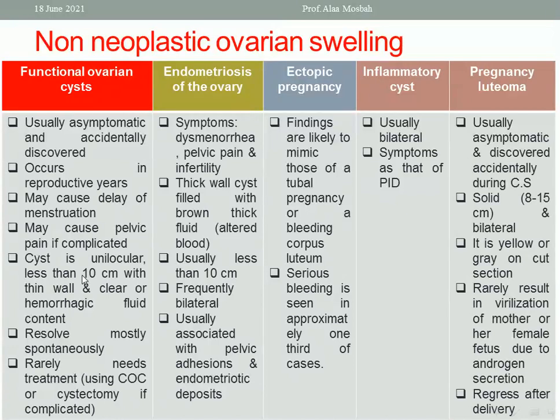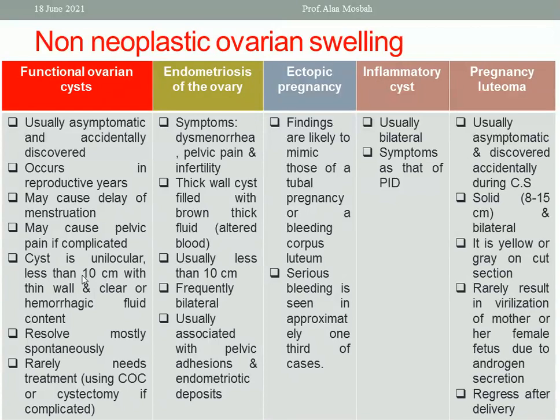Rarely it needs treatment, and this treatment may be COC, combined oral contraceptive pills, for 1 or 2 months, or if it has a larger size, we can do laparoscopic cystectomy.